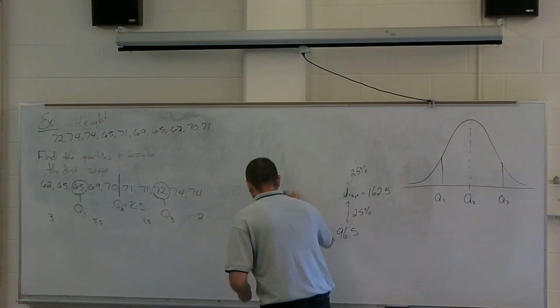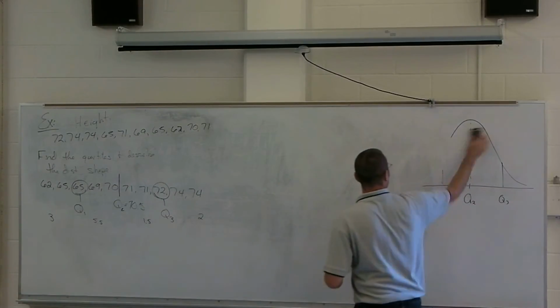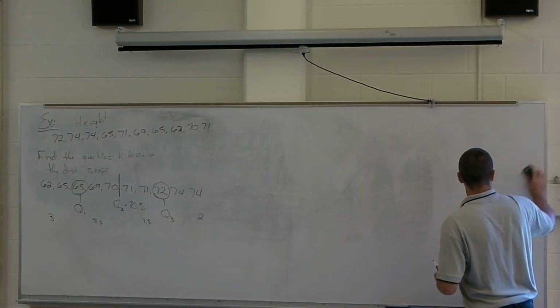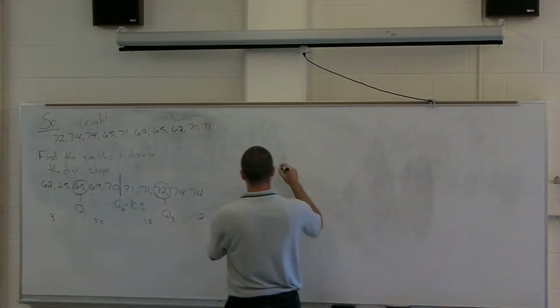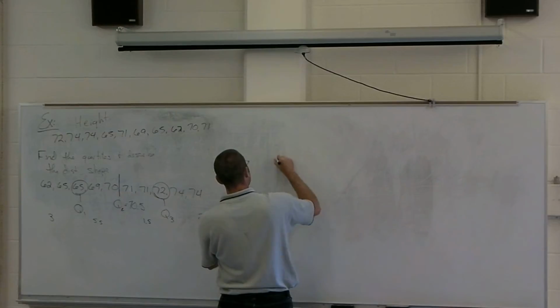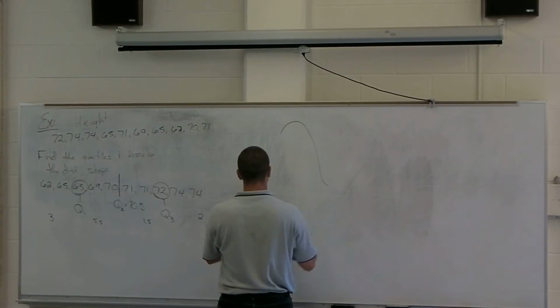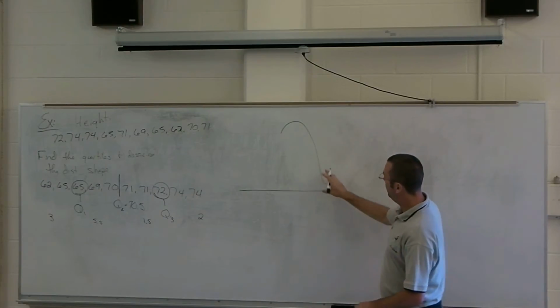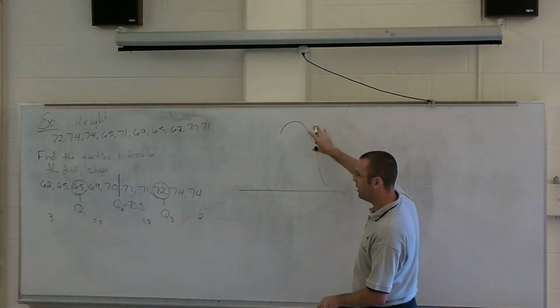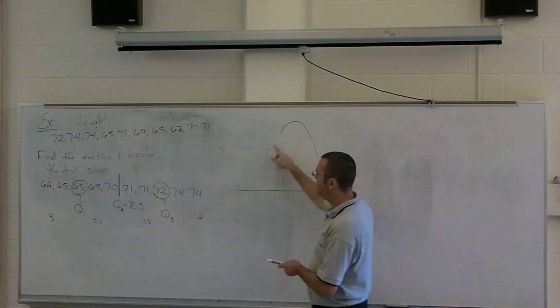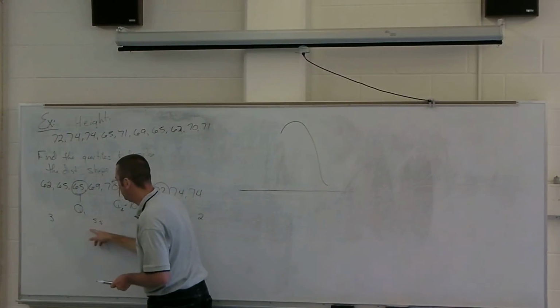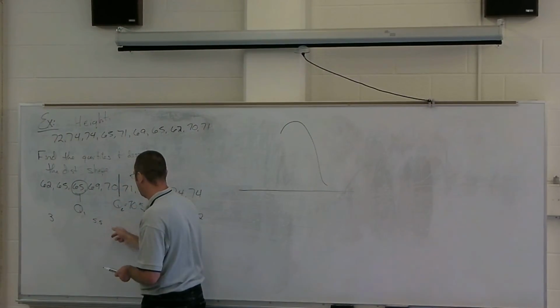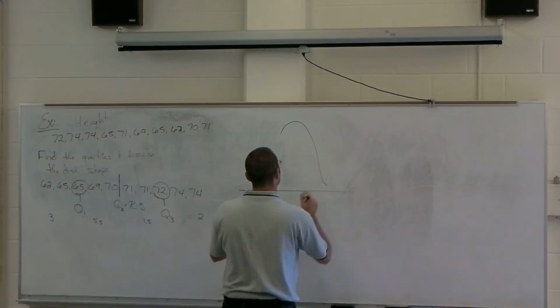In terms of my shape, that means I'm going to have a big bump starting at 70.5 and going out to 74. A lot of my data is concentrated on this side. Then the other 50% starts at 70 and goes all the way down to 62.